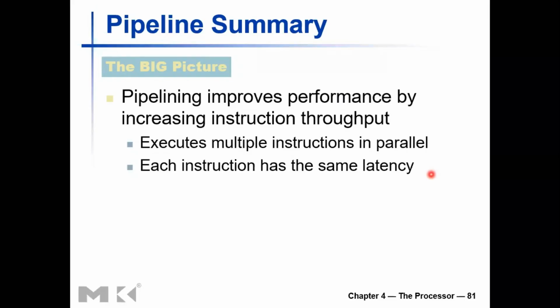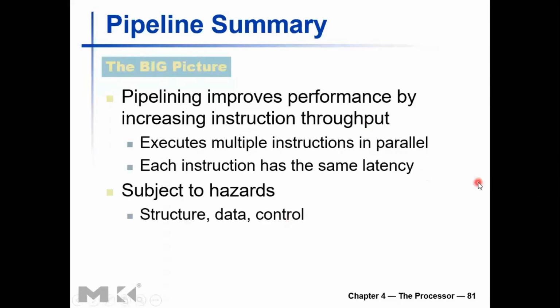But with pipelining, we again make the instruction latency the same for all instructions. Compared to single cycle, that latency is increased because we add certain overheads to have the pipelining functionality. But since we exploit the parallel execution, instruction level parallelism, we get better throughput, resulting in better performance, right?